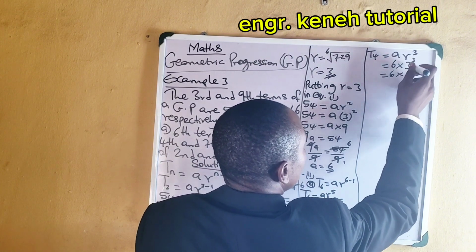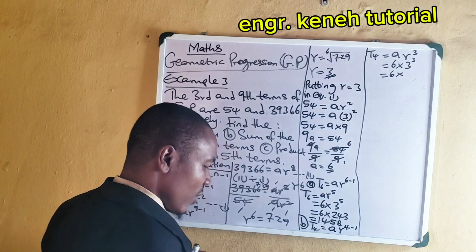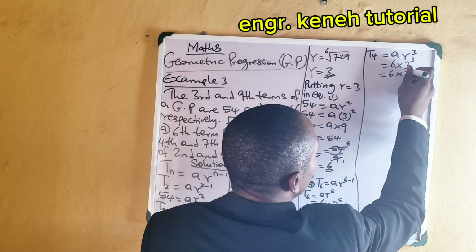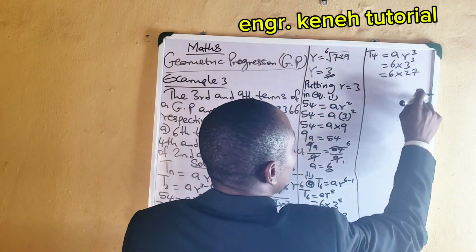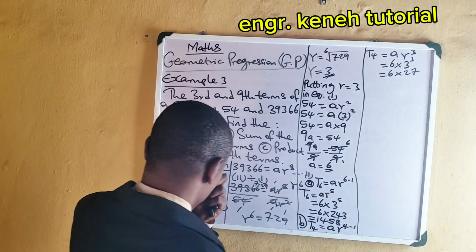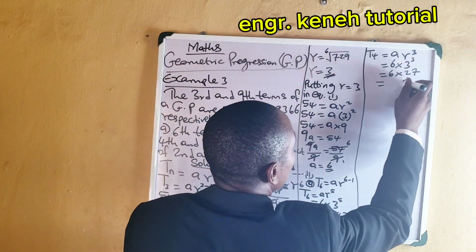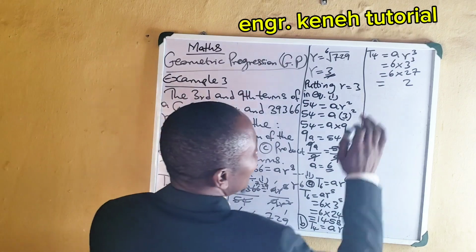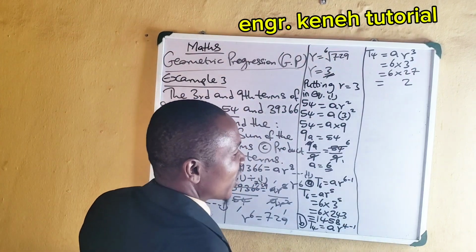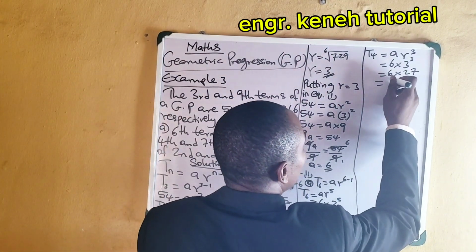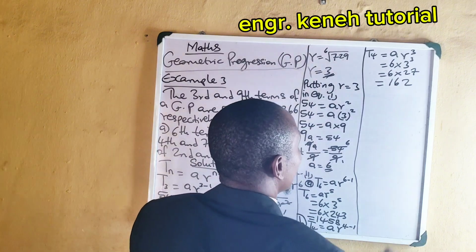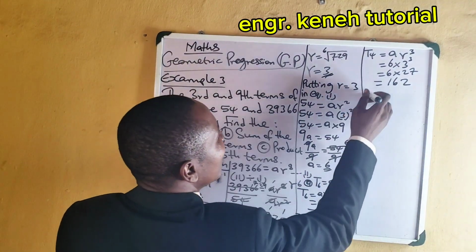We have 6 times 3 times 3, which gives us 9 times 3. It will give us 27. Can you see that? All right, so we have 27 times 6. 6 times 7 gives us 42, write 2, carry 4. 6 times 2 gives us 12 plus 4, you have 16. We have gotten the value of T4.